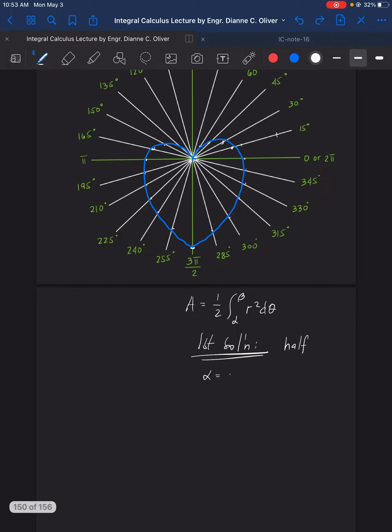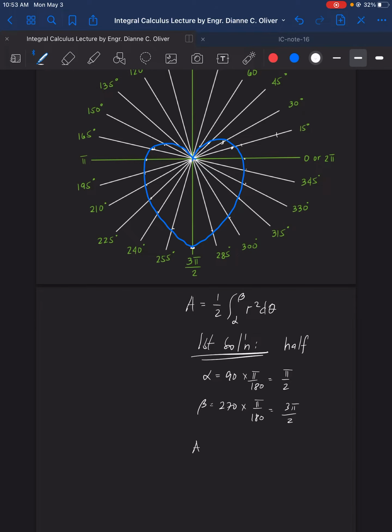Alright, so alpha is 90 times pi over 180, and that is pi over 2. Beta is 270 times pi over 180, and that is 3 pi over 2.